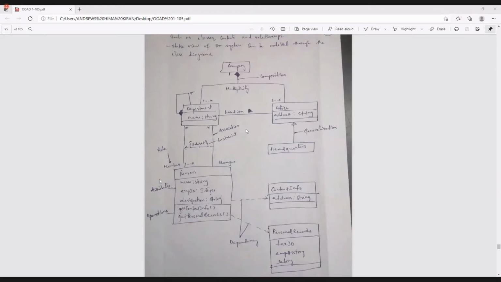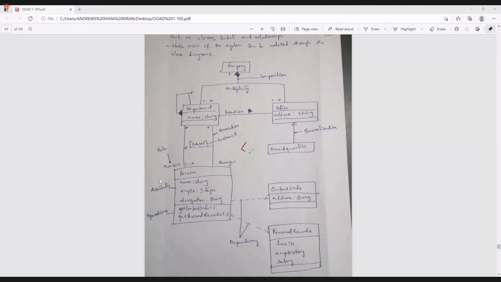There are two types of relationships: the first one is aggregation and the second one is composition, which are considered similar kinds of relationships. Composition is defined as a special kind of aggregation. I'll repeat again: composition is considered the special kind of aggregation. I think you know how an aggregation is represented, as well as how composition is represented.